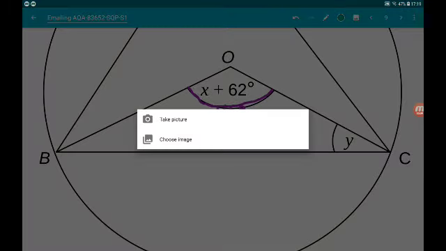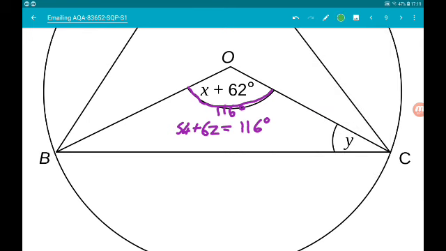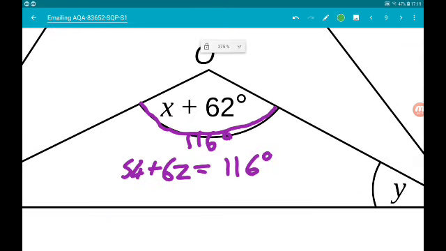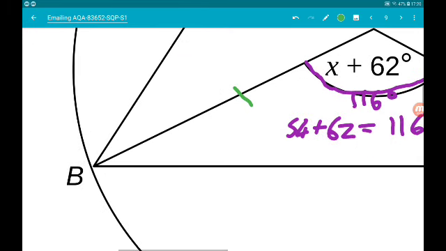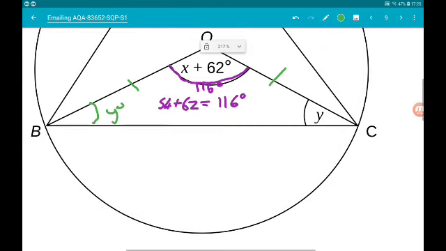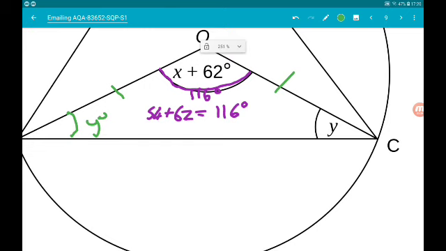Now, we also know that this point O is the centre of the circle. That means that this line and this line are both a radius of the circle, so they are equal in length. Now that also means that this angle here is y degrees too. So angles in a triangle add up to 180.